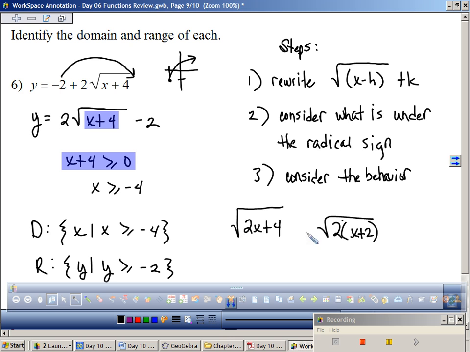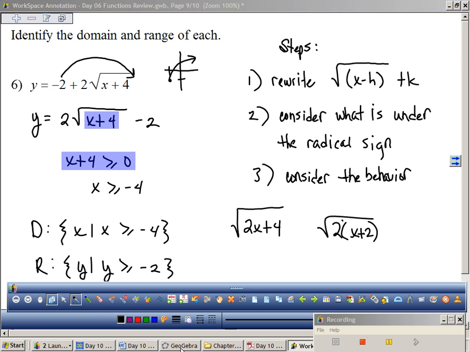So instead of being shifted to the left 4, it would be shifted to the left 2. But this 2 doesn't have as strong of an impact inside as it does on the outside. Right? Because if you take the square root of 2, that's what? 1 point something? You're multiplying by something smaller than if it was on the outside. That's going to shoot up further.